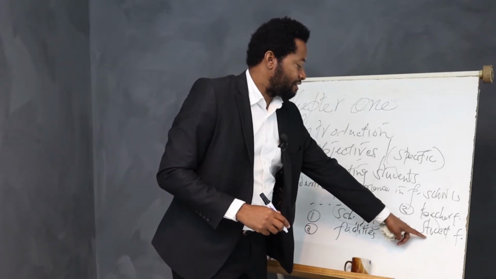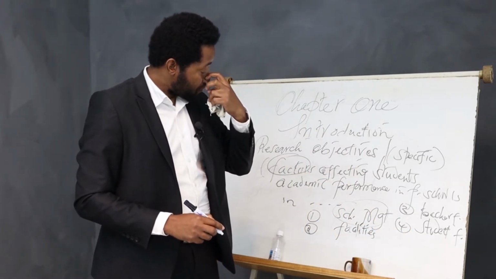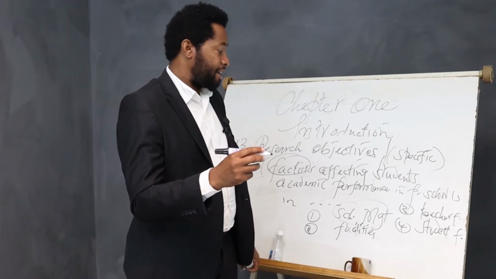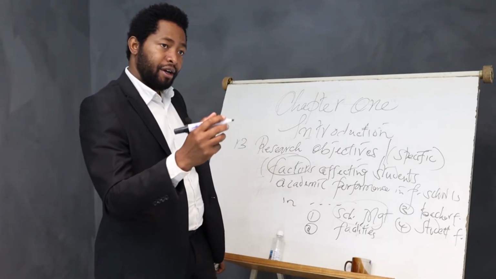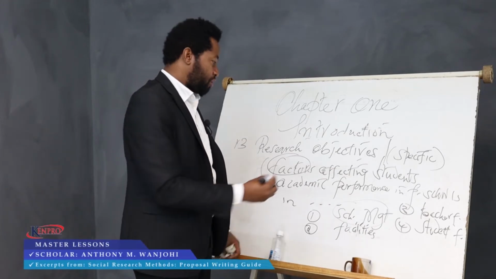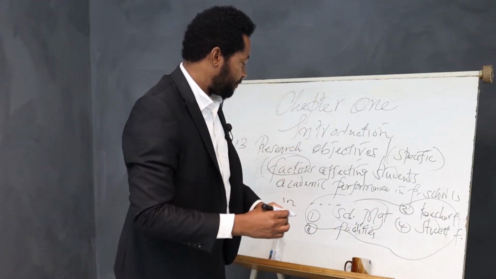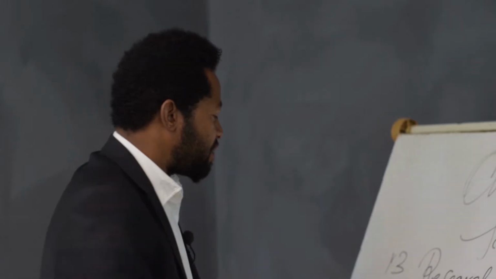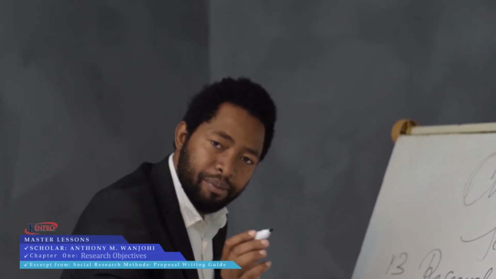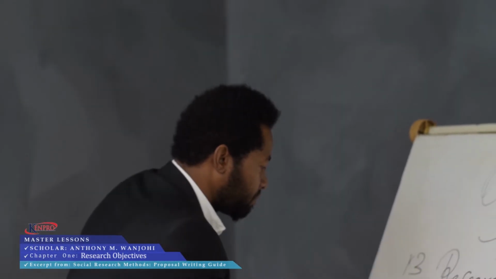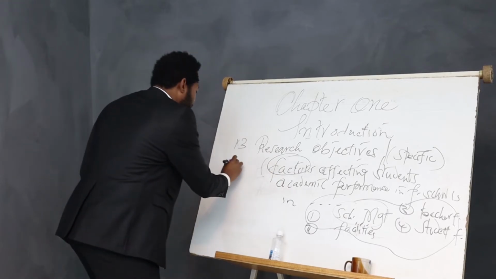And lastly, I may examine how students' characteristics, or student factor, affect performance, or what characteristics students demonstrate that are likely to affect their performance. So you see now, based on these parameters, I'm playing around in the area of my research objectives or research questions using the very parameters that were derived from the general research question or general research objective, which is the topic, which is the title.